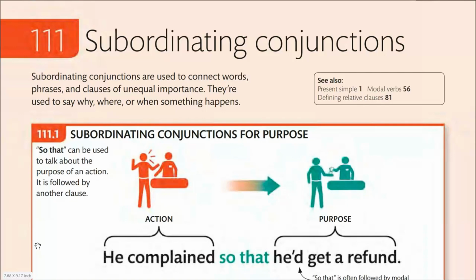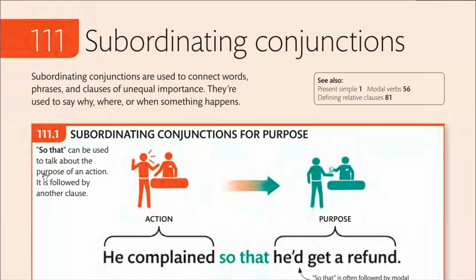So that is a subordinating conjunction for purpose. So that can be used to talk about the purpose of an action. It is followed by another clause. And one thing about the English language is that so collocates with that. Take note of that, especially anybody listening to me that is preparing for an English related exam.